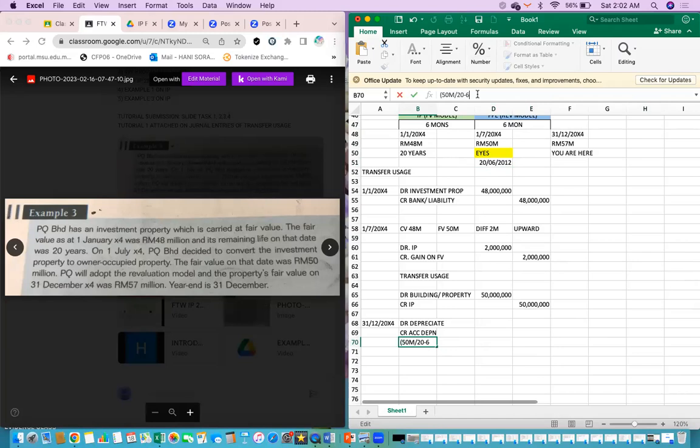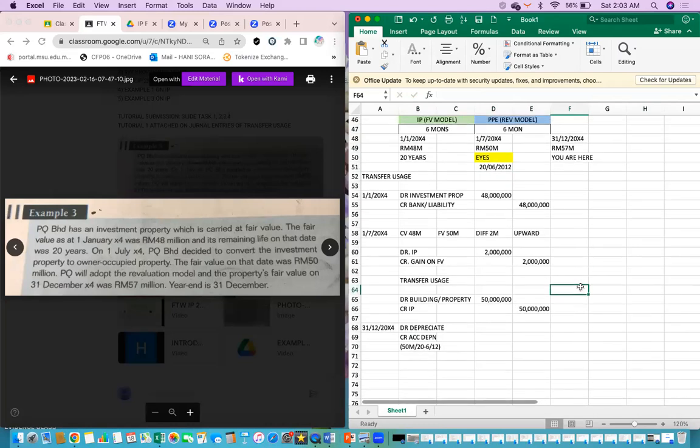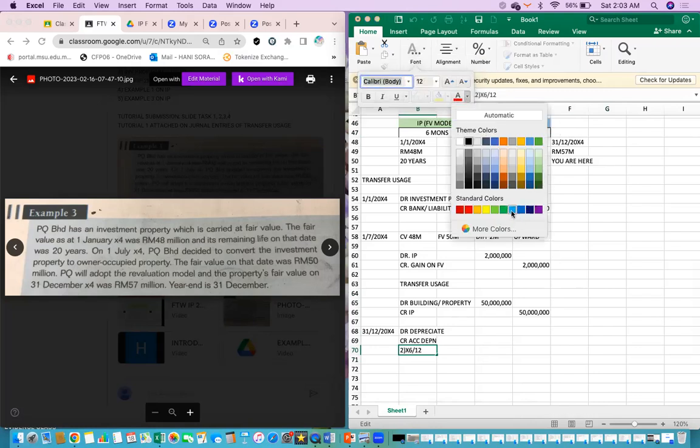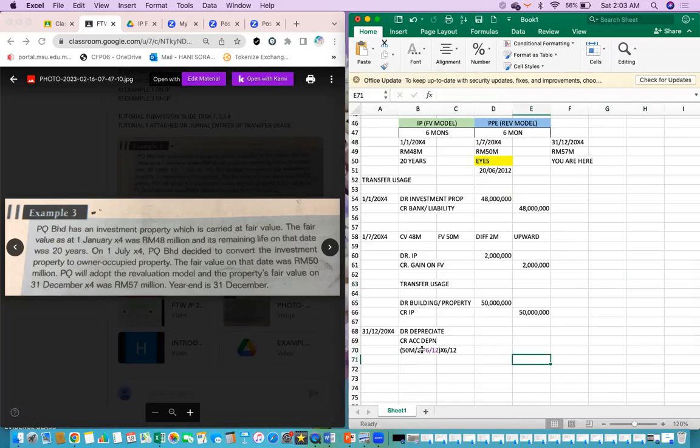So 20 minus 6 over 12. So if we just divide 50 million by 20 minus 6 over 12, you will get a 1 year depreciation. However, your depreciation period is not 1 year. It is just 6 months, which means from the point where it is being converted to PPE until the end of the year, the period for you to depreciate is only 6 months. So you have to put outside there 6 over 12. Which means this 6 over 12 refers to the reduction of remaining life.